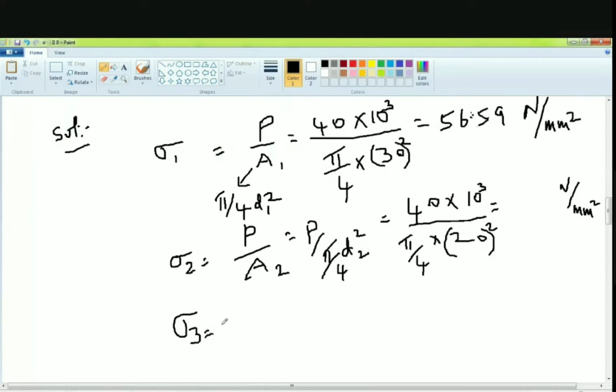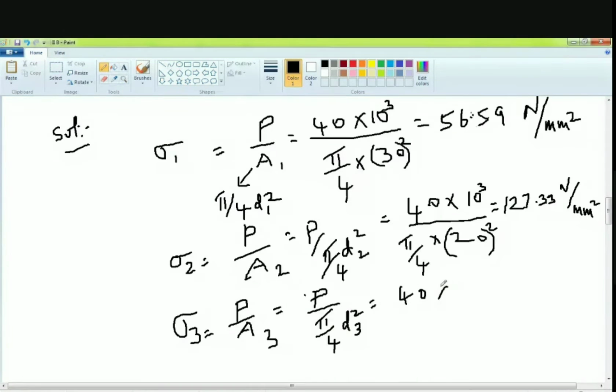Just calculate the second value also, because the subject is easy if you are doing the work properly. 127.3239. Shall I write 127.32? Okay. And the next one is P divided by pi by 4 D3 squared. So 40 into 10 to the power 3 divided by pi by 4.